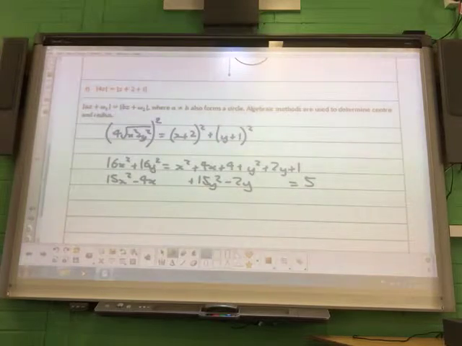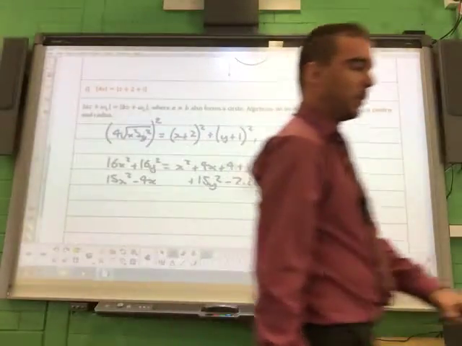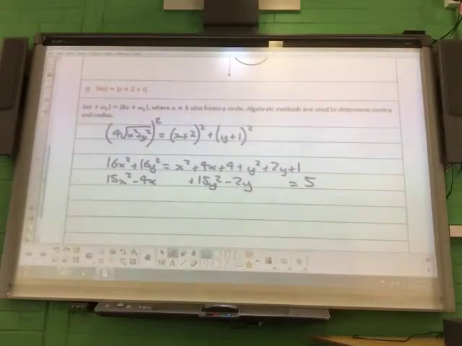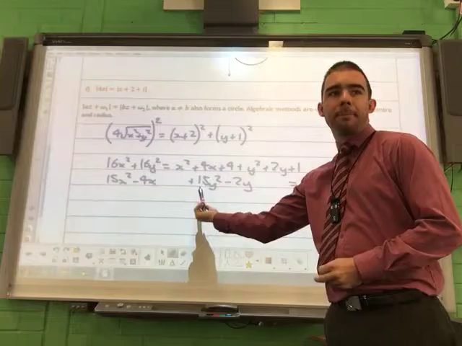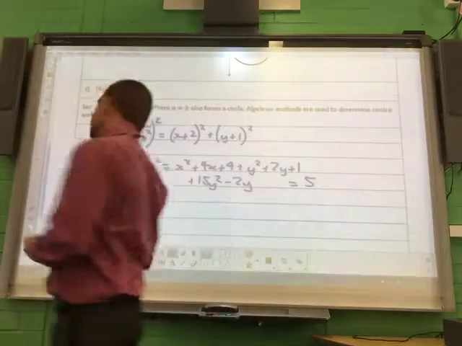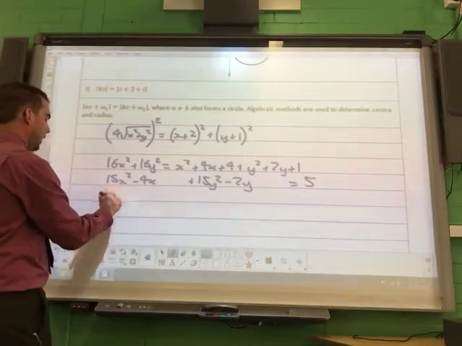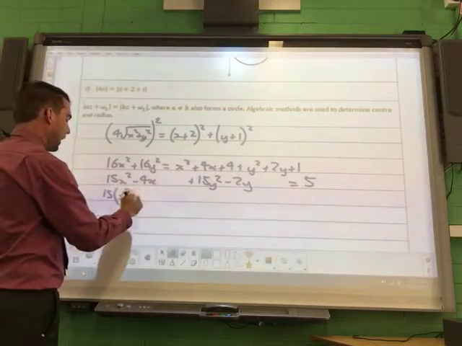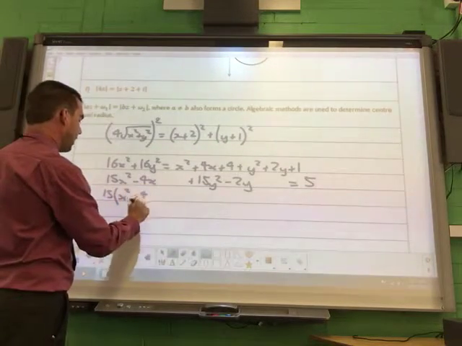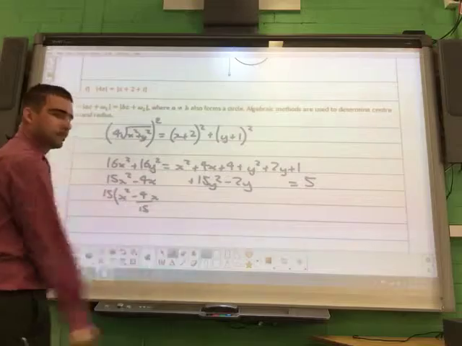To complete the square, do you remember what we need to do? Before I do that, for this example, what do I need to do first? That halving then squaring works only when this coefficient here is 1. So we actually need to factorise 15 out. So 15, x squared, take away 4 on 15x.